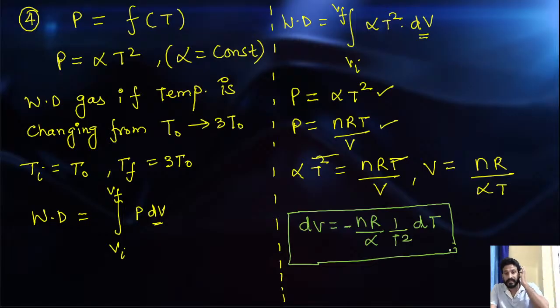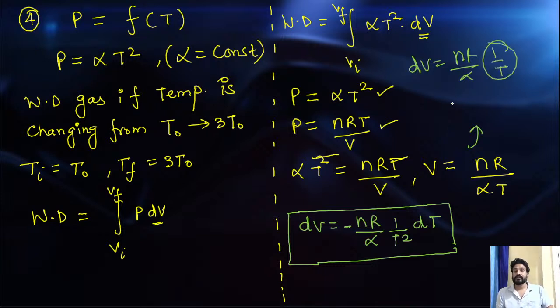Is it clear to you? What did I do here? Nothing. Just differentiate V: dV is equal to nR divided by alpha and 1 by T. So I just differentiate 1 by T. What is the differentiation of 1 by T? It is minus 1 by T square into dT.